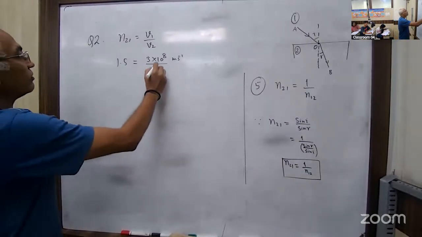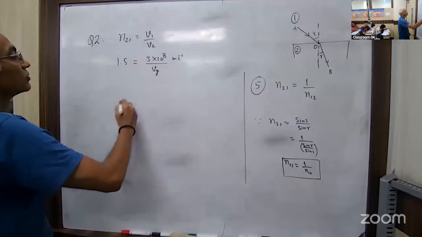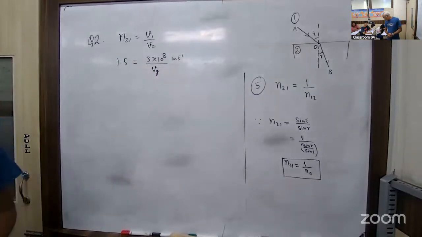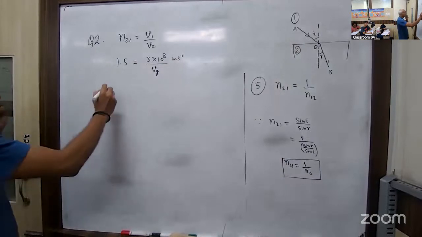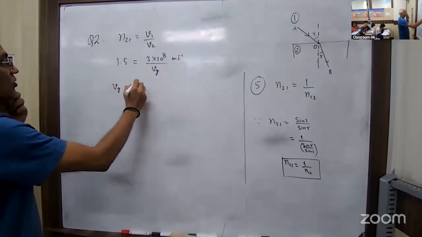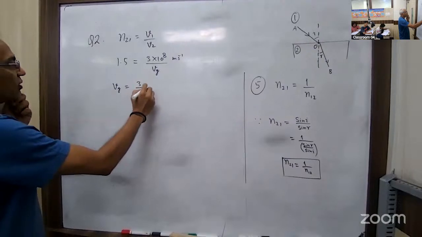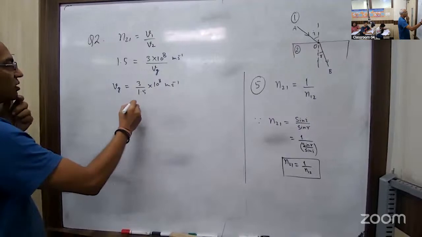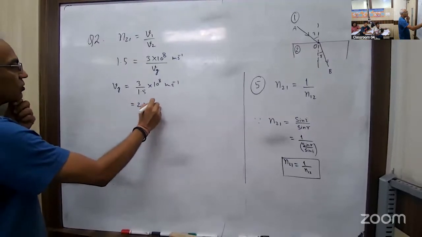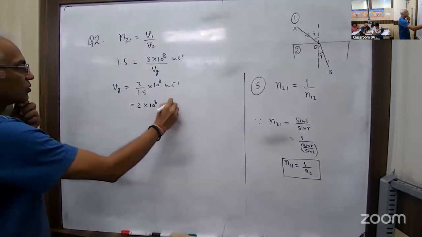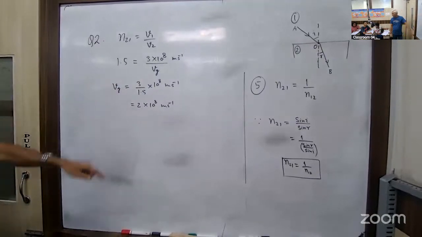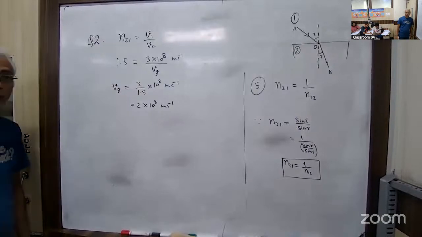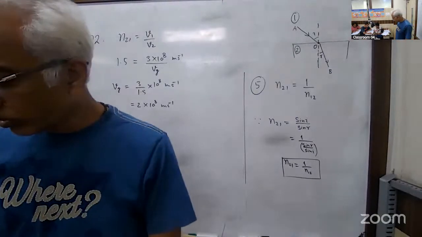So this will be vg, the second medium is glass, right? So vg is equal to 3 divided by 1.5 into 10 raised to 8 meter per second. So this is 30 by 15, which is 2. Okay, 30 by 15. Here is double of 1.5.